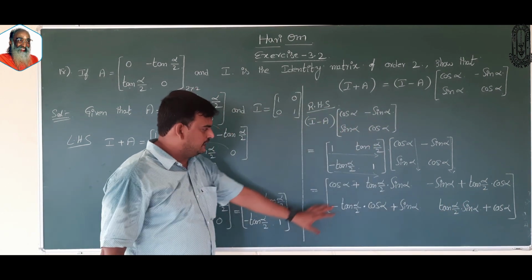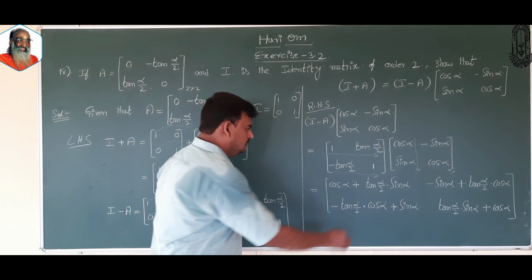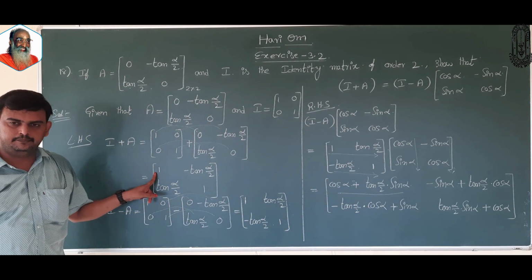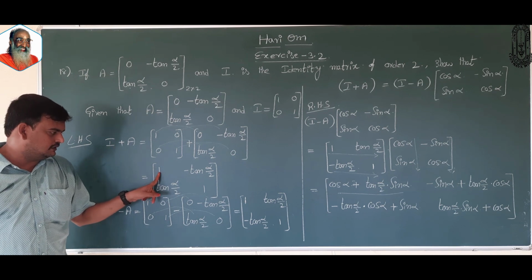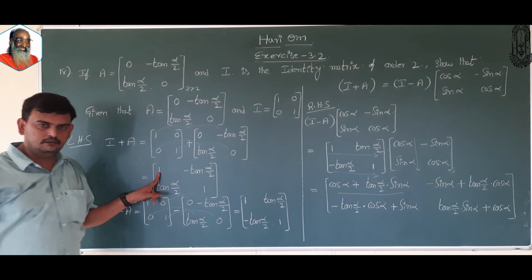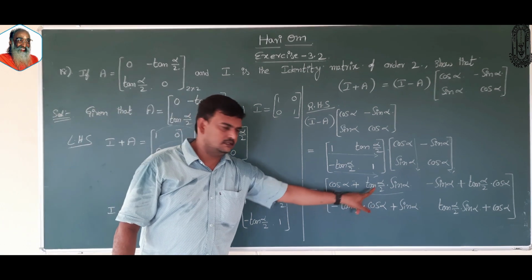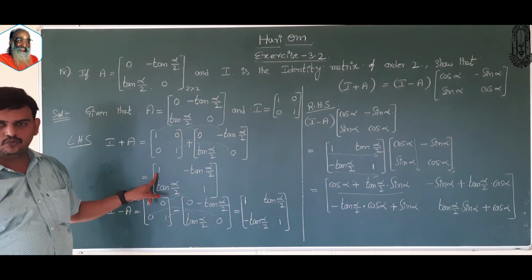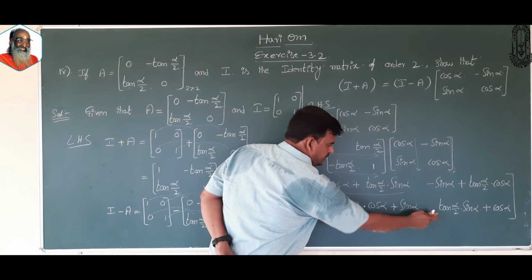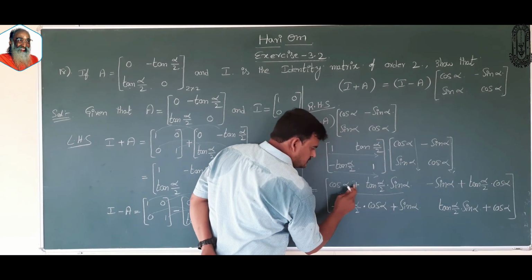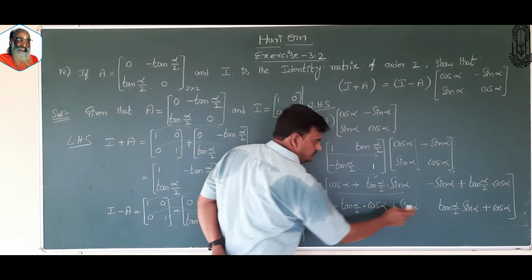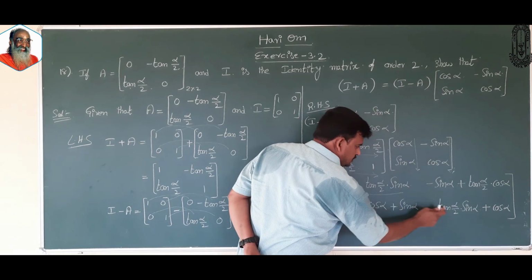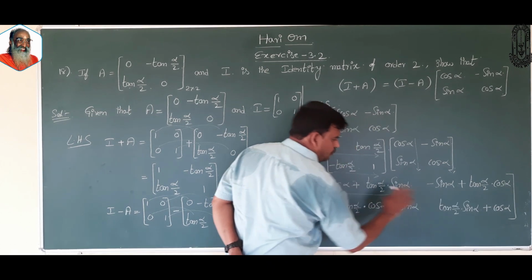Now by simplifying this entire part, this first value I should get as 1, because in the LHS I have the element 1. Means cos alpha plus tan alpha by 2 into sin alpha, this value should come as 1. When we observe, these two parts are the same: here we have cos alpha plus tan alpha by 2 into sin alpha, and here also cos alpha plus tan alpha by 2 into sin alpha, means these two elements should get the value 1.